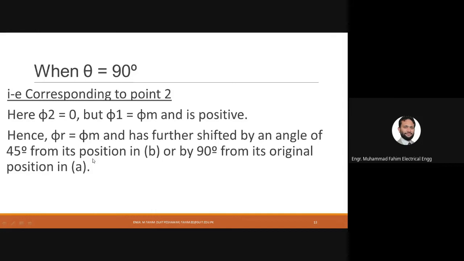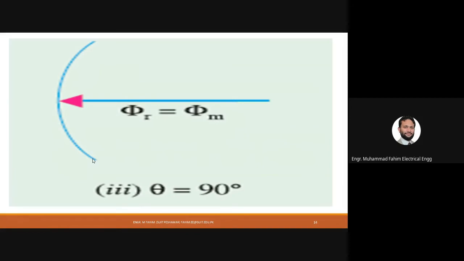Hence, phi r, which is the resultant flux, is equal to phi max and has further shifted by an angle of 45 degree from its position in B, or by 90-degree from its original position in A. So the resultant flux phi r is equal to phi max, and it is further shifted by 45-degree from the previous point.